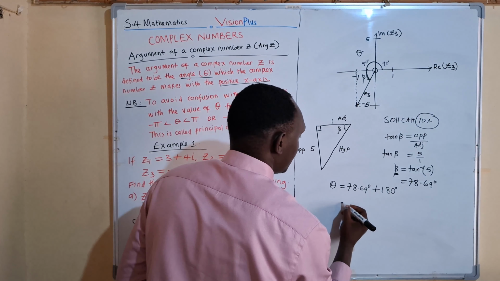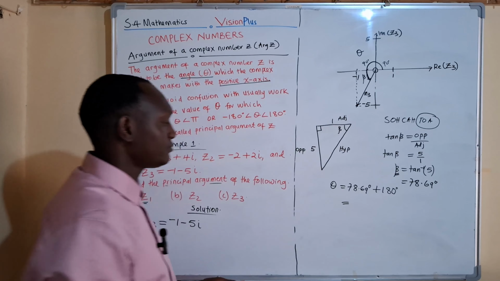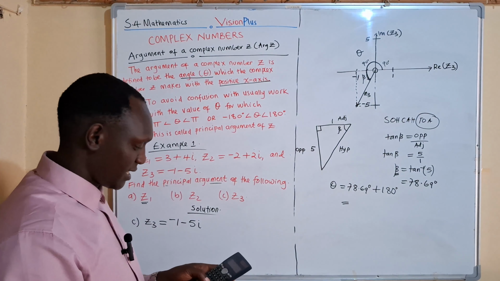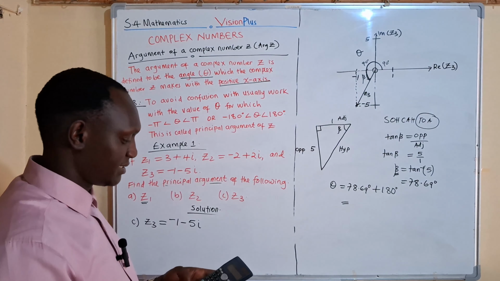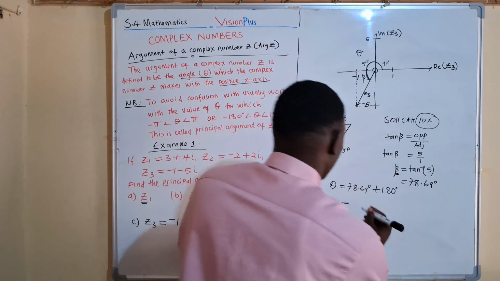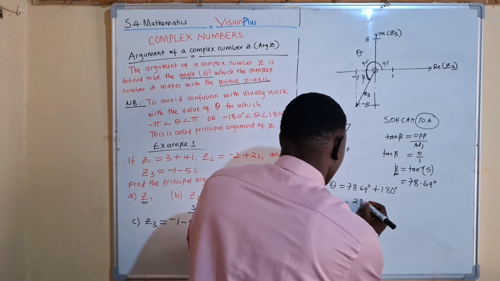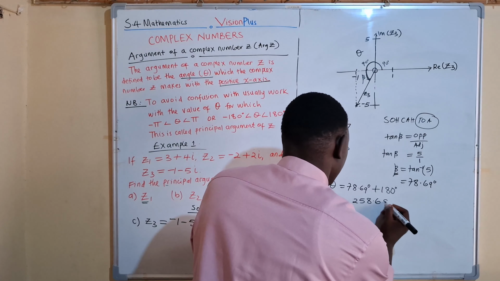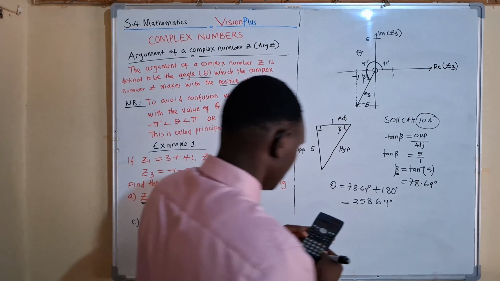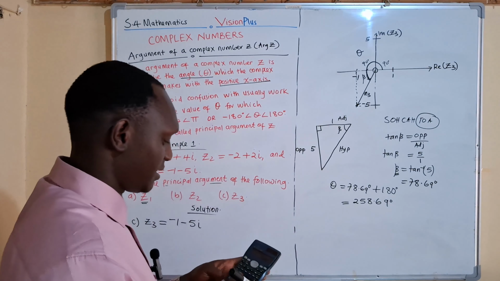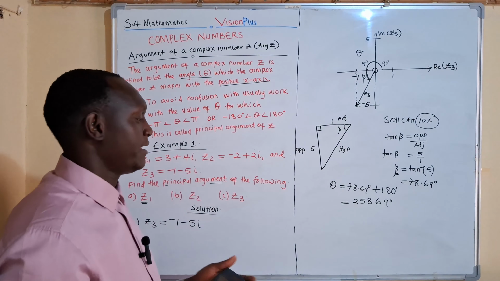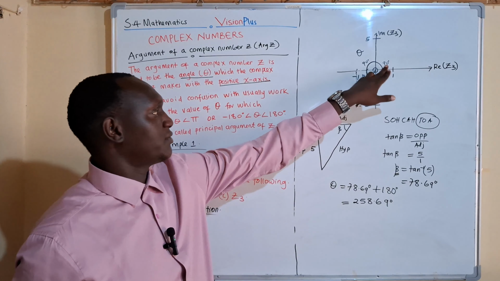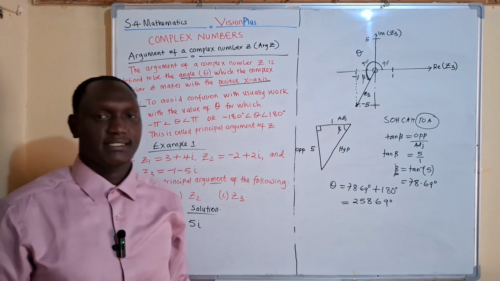And now, this gives us 78.69 plus 180 degrees, getting 258.69 degrees. Yes. Now, this is the angle that it makes to the positive x-axis.